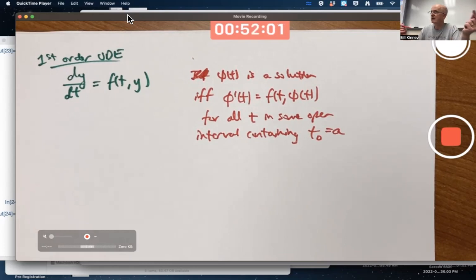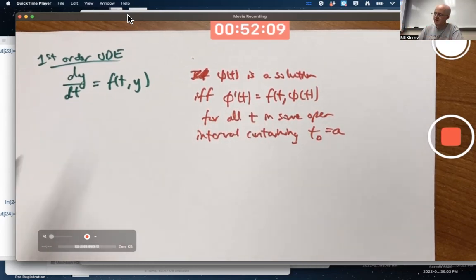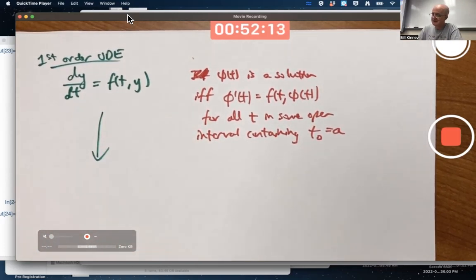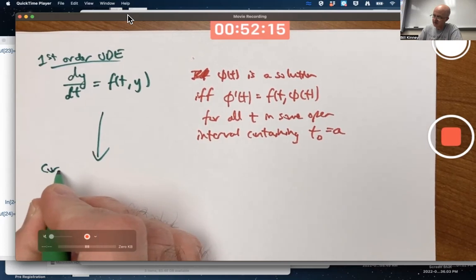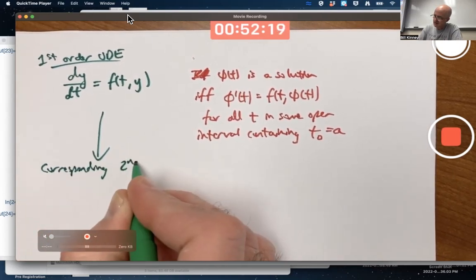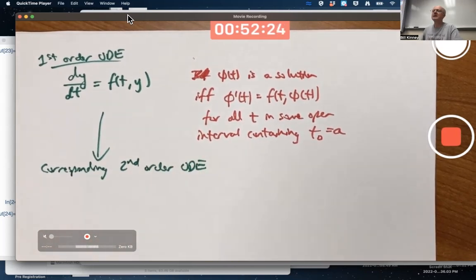If we're going to use a higher order method, we're going to need to think about the second derivative of solutions, not just the first derivative. You can use the differential equation to figure out a corresponding second order ODE found by differentiating both sides with respect to t.